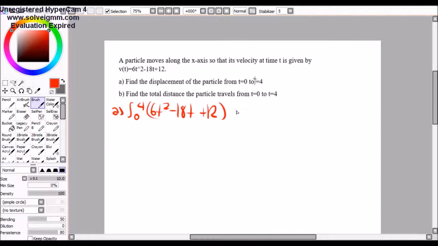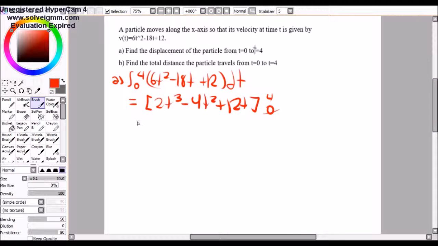It would just be this. And then we solve this by taking the antiderivative, so 2t cubed minus 9t squared plus 12t, from 0 to 4. And then we can just ignore the 0 because anything times 0 is 0, and subtracting 0 does nothing. So then we just plug in 4, and we get 32 as our answer.